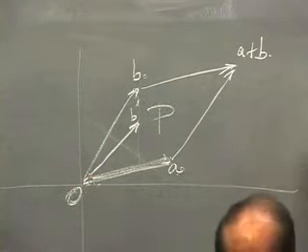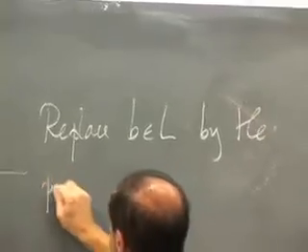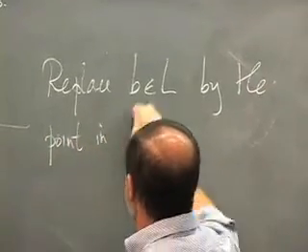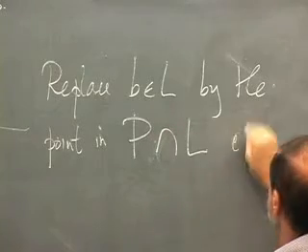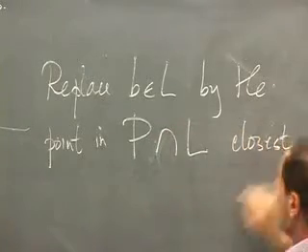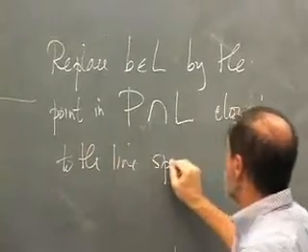So replace B in L by the point in P, which is P intersect L, closest to the line spanned by A, but not on it.